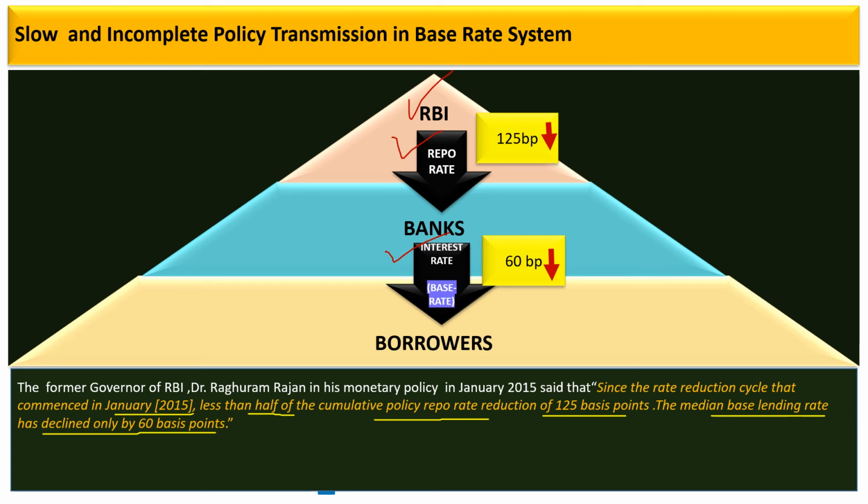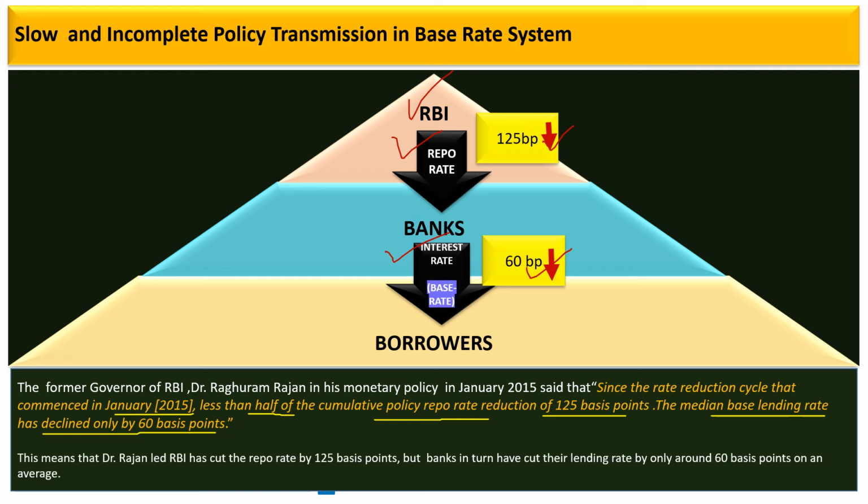This means that the Dr. Rajan-led RBI has cut the repo rate by 125 basis points, but banks in turn have cut their lending rate by only around 60 basis points on average. This clearly tells us that the monetary policy of RBI in the process of setting interest rate has only been half effective in the base rate system.